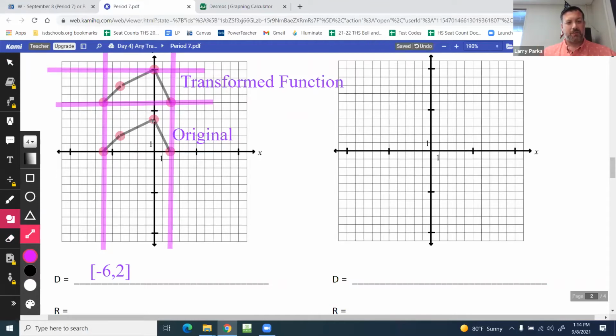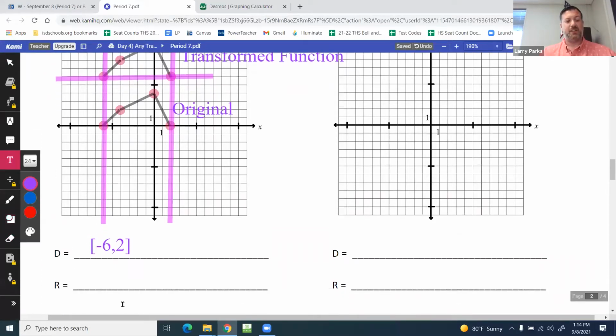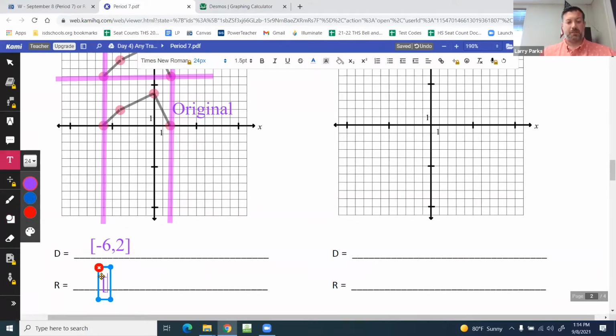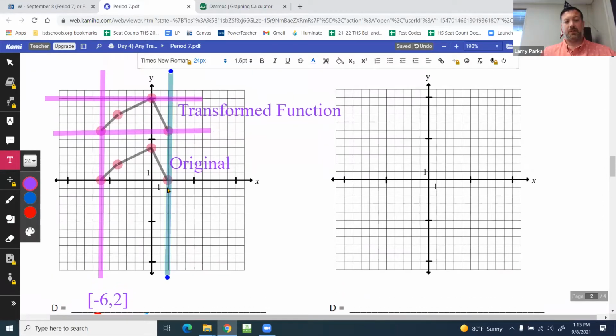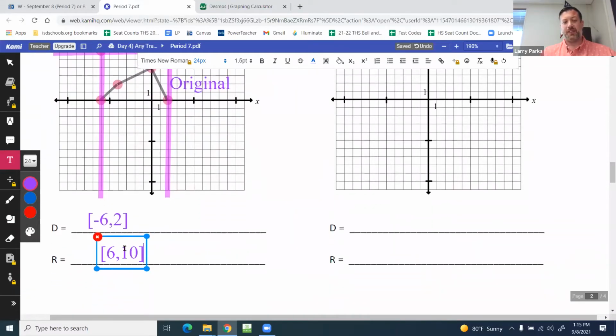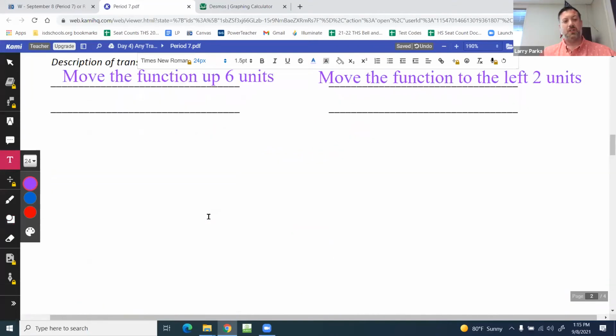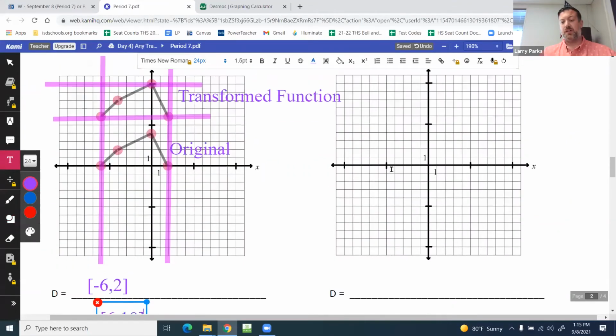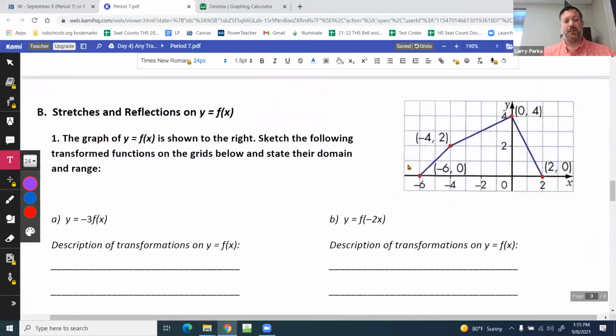That's 1, 2, 3, 4, 5, 6, 6 to 7, 8, 9, 10. So the range is 6 to 10. So the range changed because it used to be only 0 to 4. So by moving it up 6 units, it also moved the range up 6 units. Okay. And I'll let you do that part yourself.